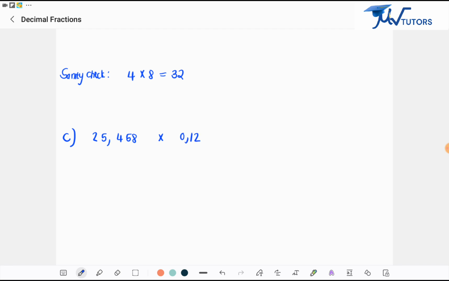Okay guys, that's going to be a hectic number, because our first step, what did we say? We're going to take the number as it is, 25,458, and I'm going to multiply it by 12 because I don't really consider the 0,12.